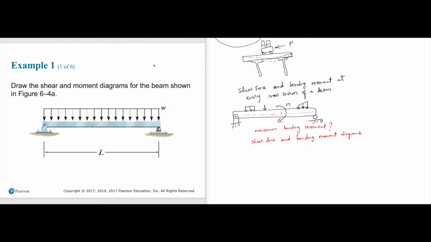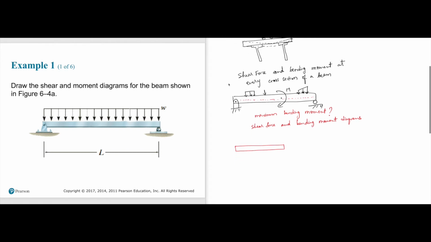So let's say we have this beam. Let me draw a little. Then let's say on one side we have a pin joint, on the other side we have a roller support, and we have a distributed loading.